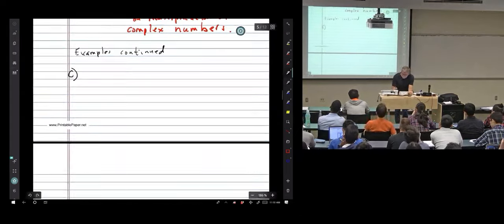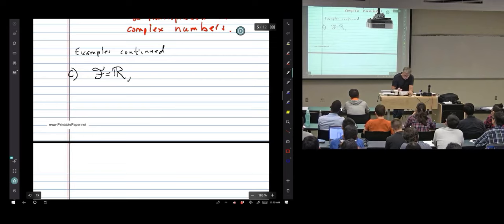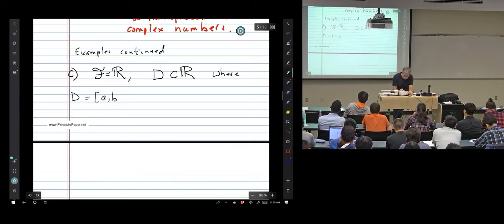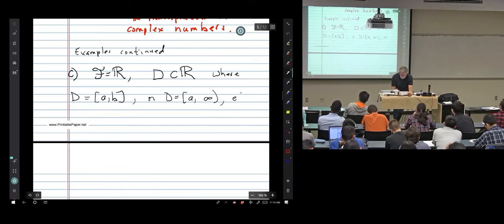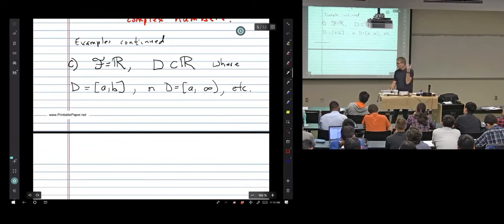Okay, so here's my example. I hope you like it. The field is the reals. I'm going to let D be a subset of the real numbers. So it could be something like this, a to infinity, etc. I don't care. It could consist of just 3 elements of the real numbers.